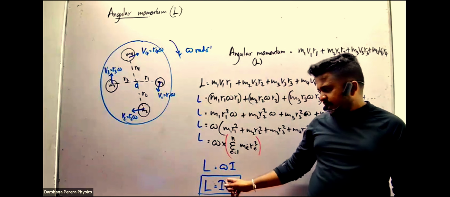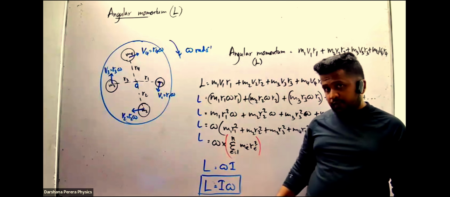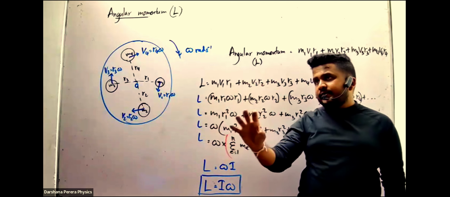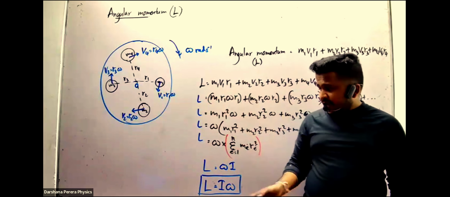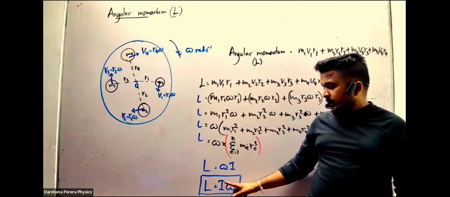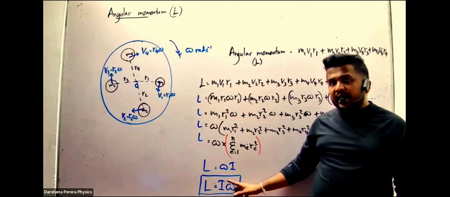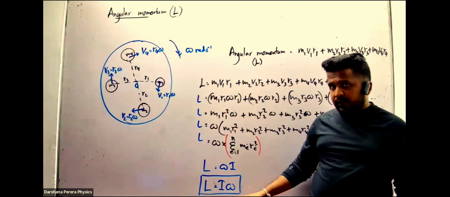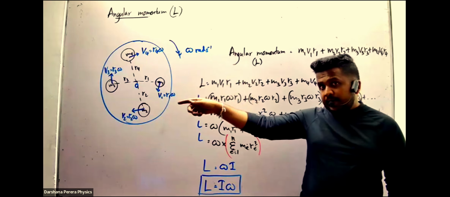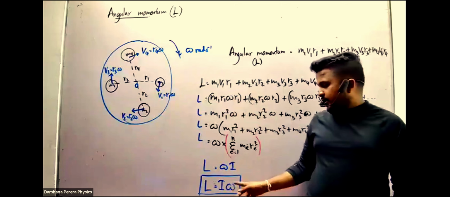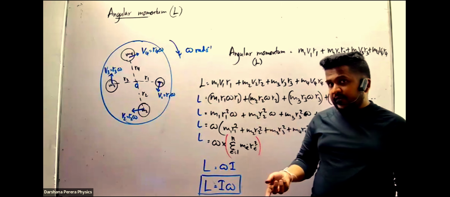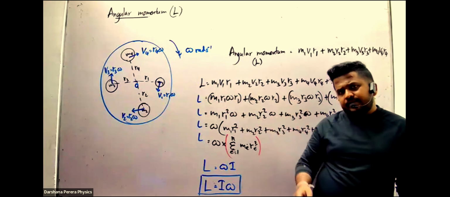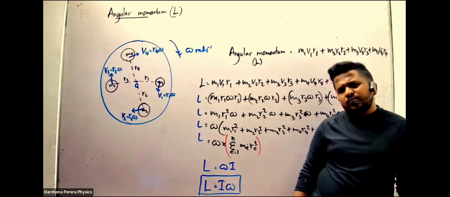Therefore, in linear motion, P equals mv; likewise, in rotational motion, L equals I omega, where I is the moment of inertia and omega is the angular velocity, just as velocity in linear motion.